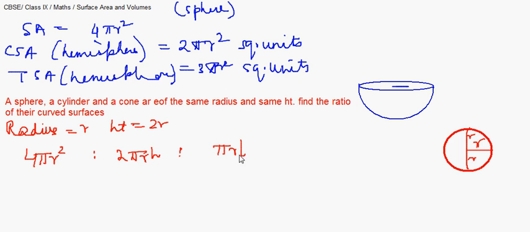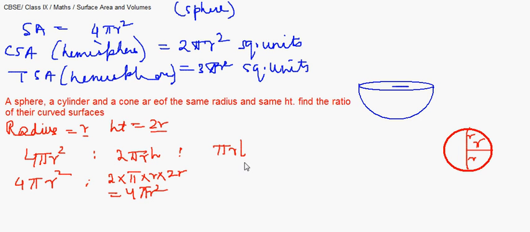So here we have to calculate l later on. Now 4 pi r square, let it be as it is. That is 2 into pi into r, and the h will be substituted with 2r, making it 4 pi r square as well.